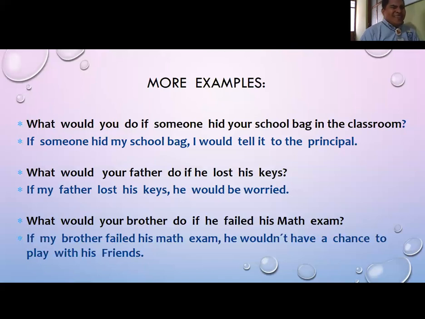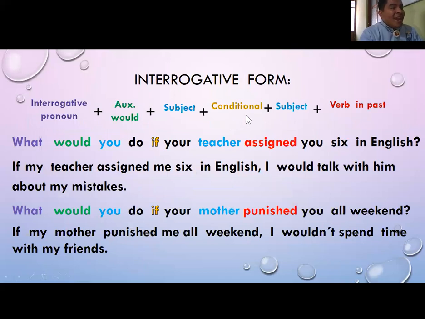Okay, as you identify, this is not complicated. You just have to follow the structure that I shared before, and you are going to create your own questions. And after that, you will apply your knowledge about affirmative and negative sentences with the second conditional.